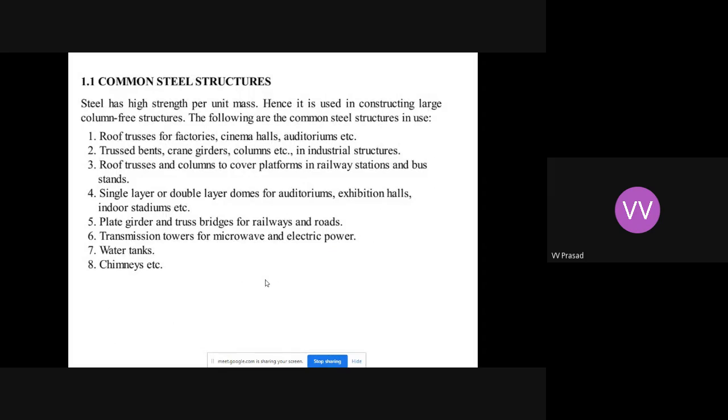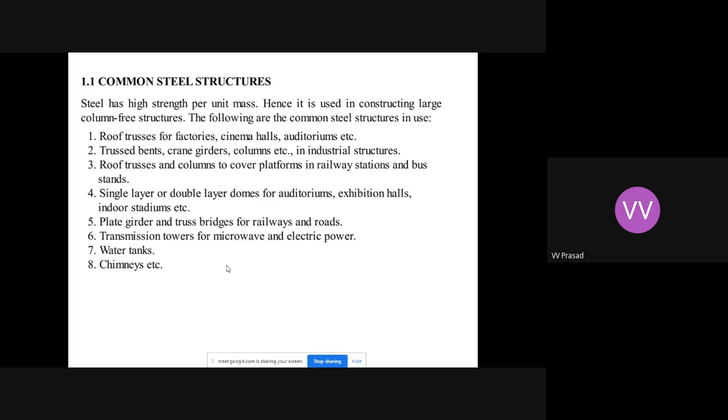Steel is a ductile material. Steel has high strength per unit mass. Steel structures have large column-free spaces. So there are many uses for steel structures: roof trusses for factories, cinema halls, auditoriums.